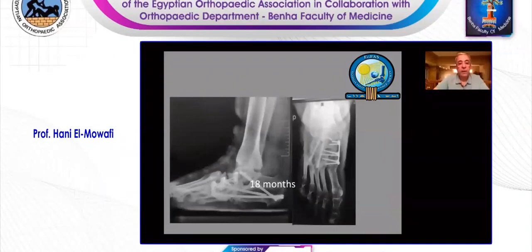I think it is going a little bit well, but actually in type 2D in the Mansoura classification, we couldn't say that this is a good solution or good result. The results are less good than type 1.